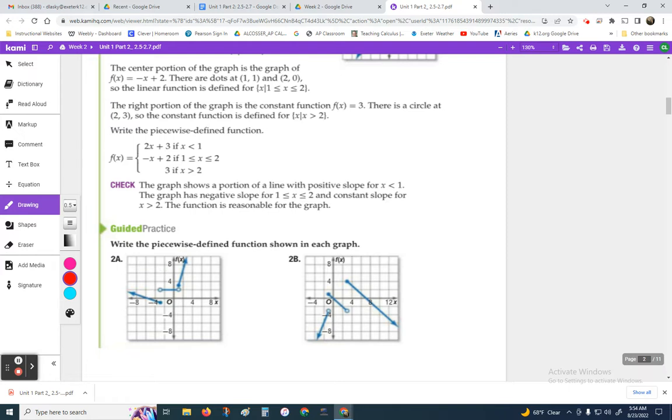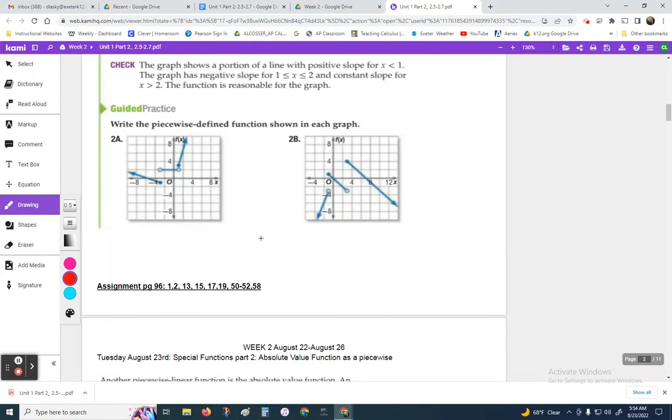Okay. So we have to write functions. So here's how we're going to write functions. These are a little tougher. I'll just work with this one right here. This one here, I'm just going to go with f1 of x.